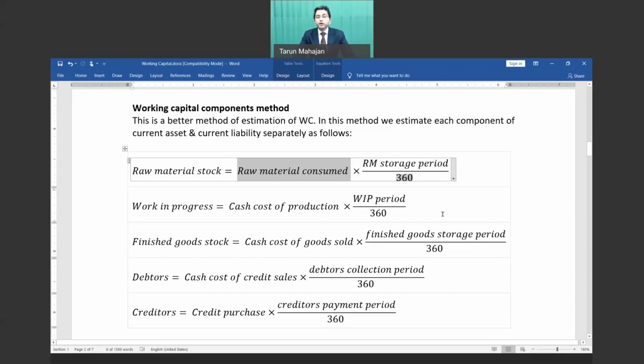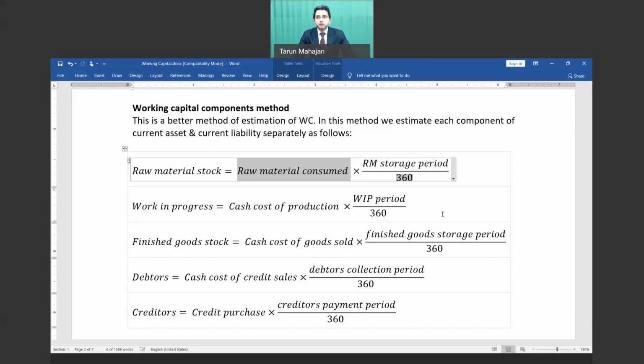That's the rounding off. In the working capital management chapter, it is generally assumed that there are 30 days in a month and therefore 360 days in a year. So when you divide it by 360, you'll get raw material consumption per day.